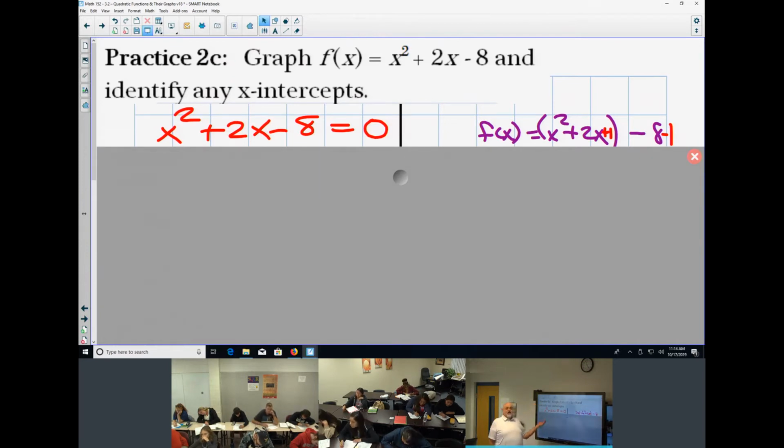I'll give you a minute to solve. I will say that usually I think the easiest way to do it is to factor. If you can't factor it in like 5 seconds, then I would just skip it and do graphing or the quadratic formula. If you can't factor it in your head in just a matter of a few seconds, then just do something else.